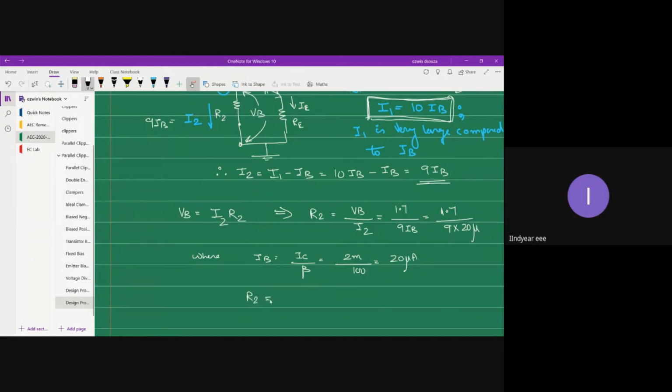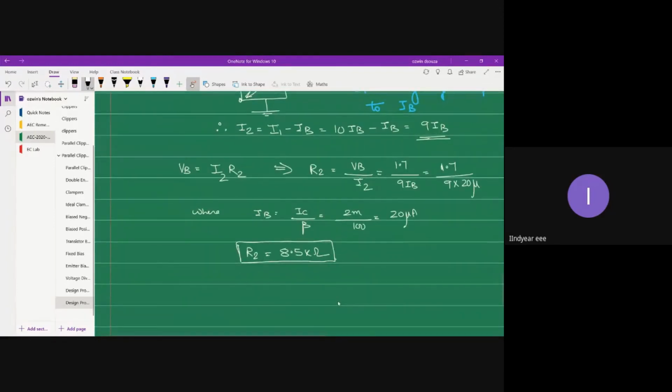Can anyone tell me what's the value of R2? 8.5 kilo ohm. Can anyone confirm? Did you get R2 as 8.5 kilo ohm? Yes, sir. Good.